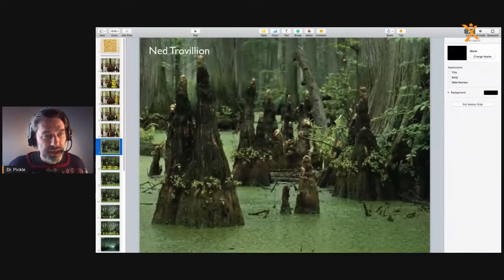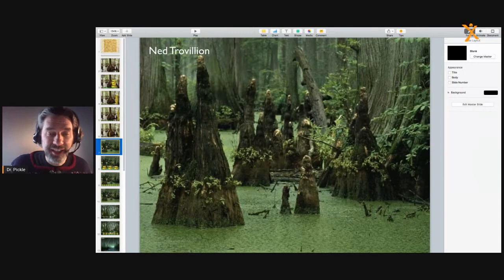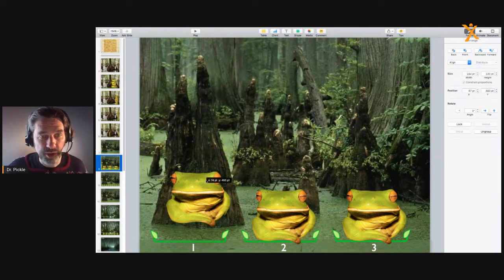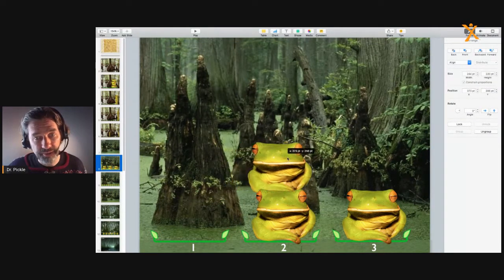Okay. Now, Trevelyan created this photograph, and one of the people actually suggested to do this for 3 frogs, and you can imagine that their solution was to solve it for 3.